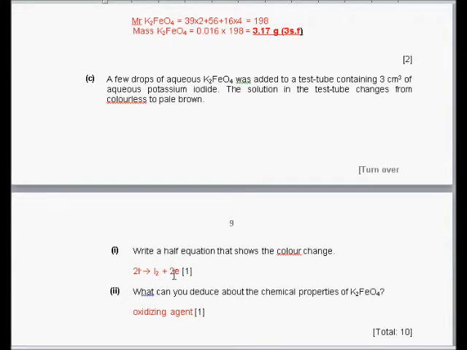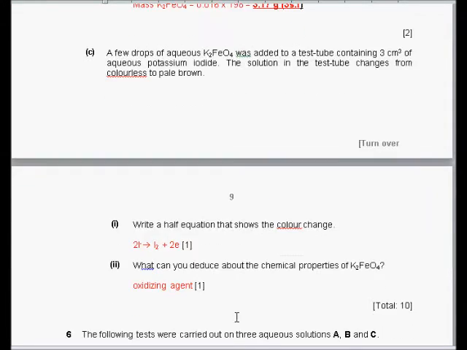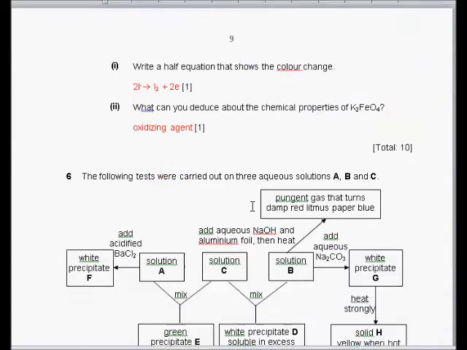So this 2 electrons can be plus 2 electrons on the right hand side or minus 2 electrons on the left hand side. Both are correct. But it's better to write plus 2 electrons on the right hand side. So what can you deduce about this? It is an oxidizing agent because it oxidizes I minus to become I2. But you don't have to explain.